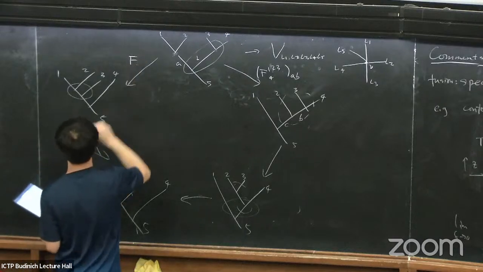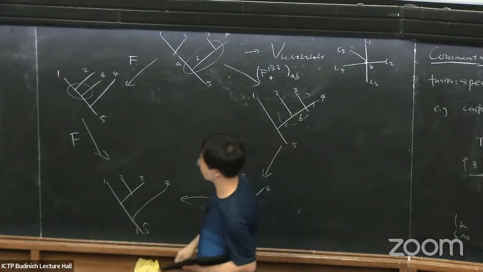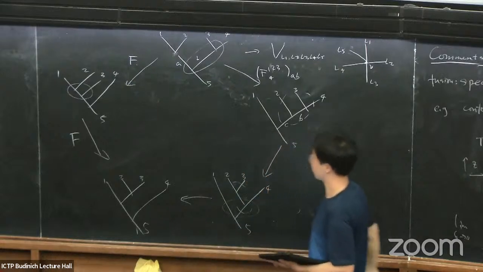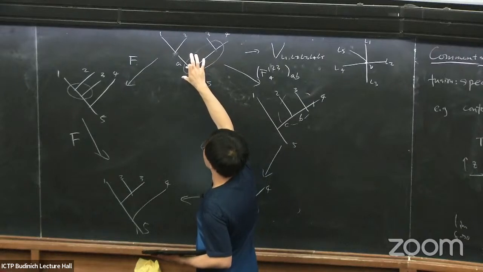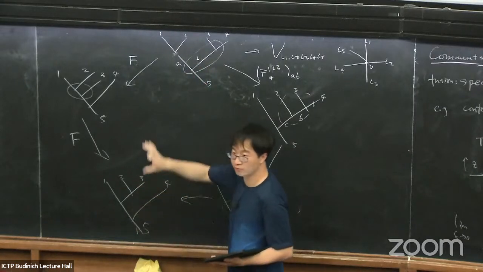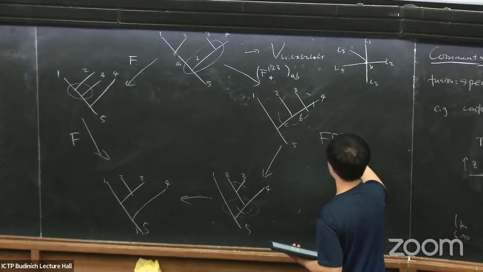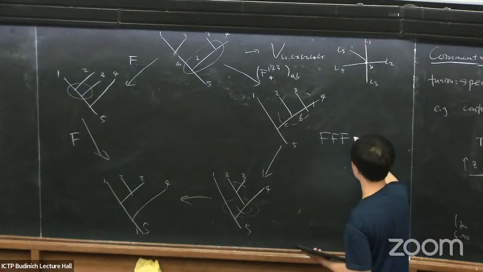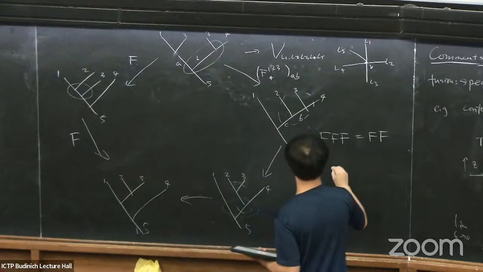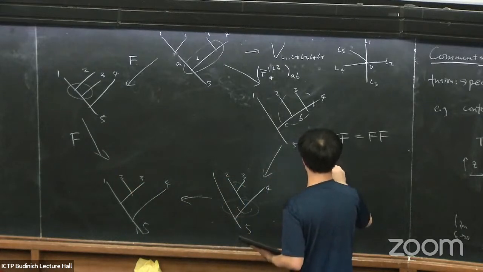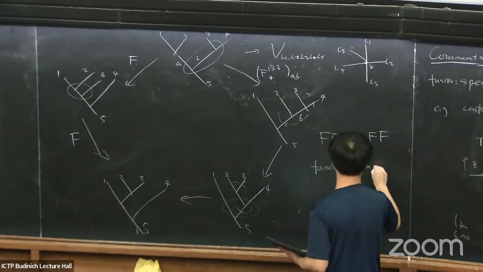In this process, the same F matrix with different external indices shows up. By consistency, because you're just describing the change of basis between two special bases in 2 different ways, you must get the same result: schematically, a product of 3 F matrices with certain indices contracted is equal to the product of 2 F matrices going this way. And this is the famous pentagon equation, because this looks like a pentagon.